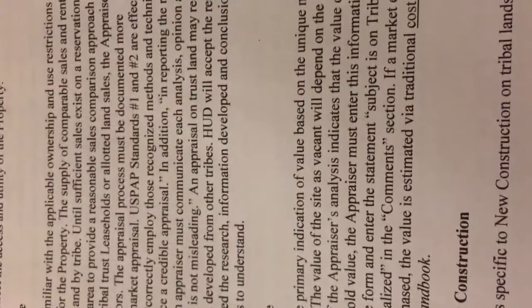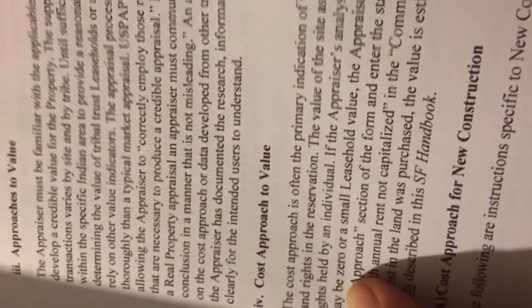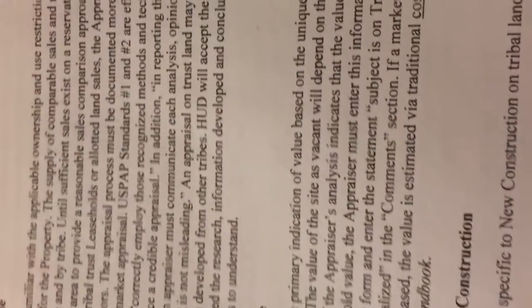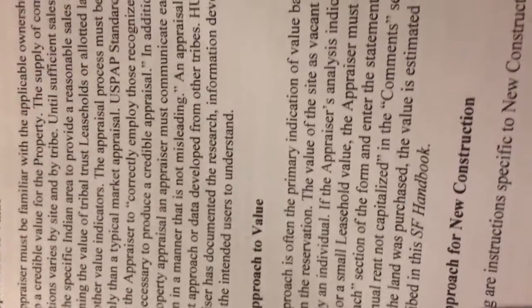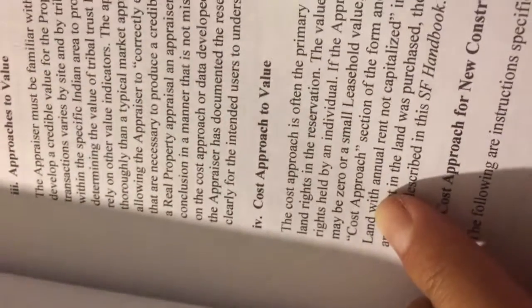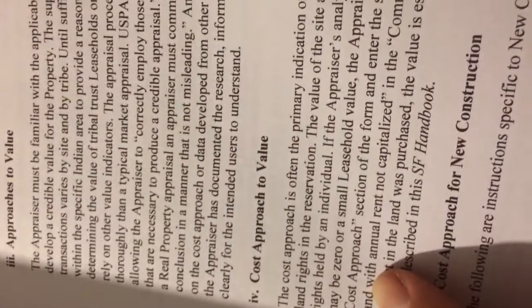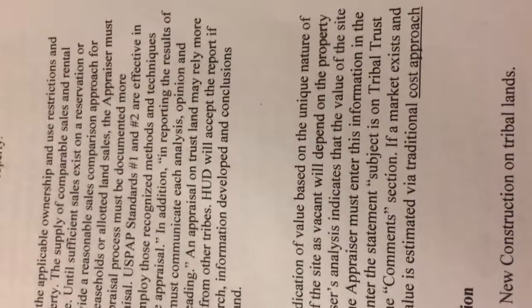If the appraiser's analysis indicates that the value of the site may be zero or a small leasehold value, the appraiser must enter this information in the cost approach section of the form and enter the statement, "Subject is on tribal trust land with annual rent not capitalized," in the comments section.